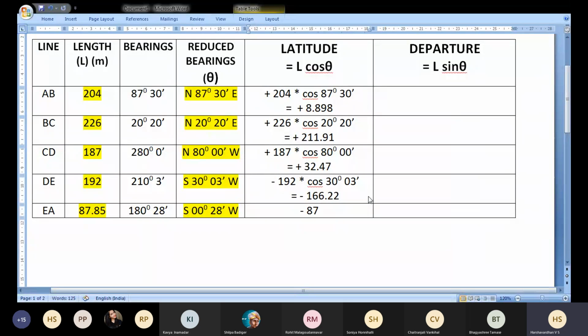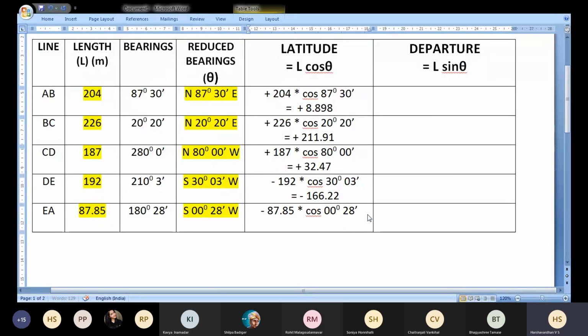Its length is 87.85, and cos of its reduced bearing is 0 degrees 28 minutes. So its latitude will be minus 87.84.